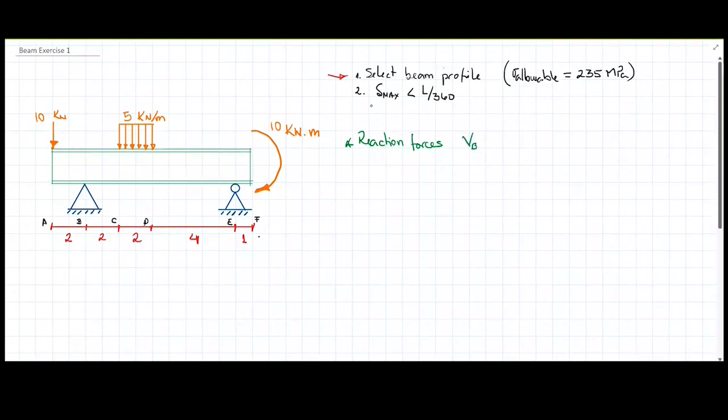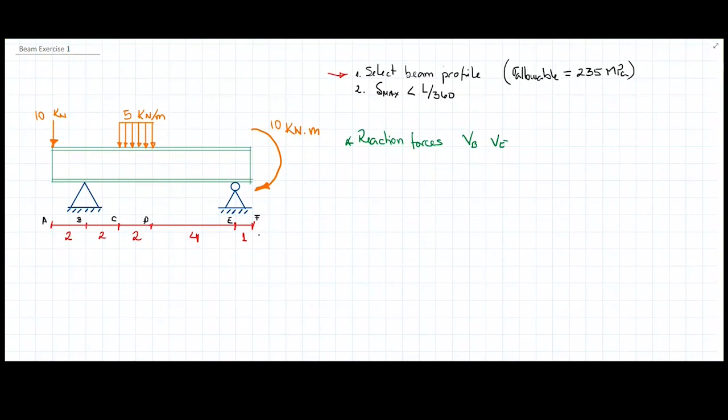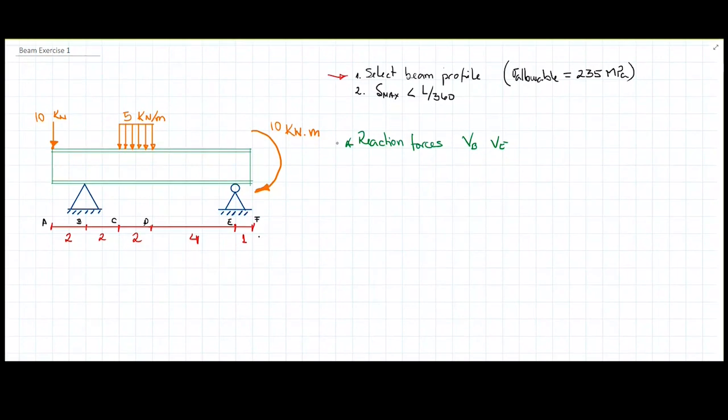I'm going to call them like this. Just a second. Let's see. I'm going to choose first to start calculating the reaction force in support E. And to that end, I'm going to take moments about point B. We're going to have that.